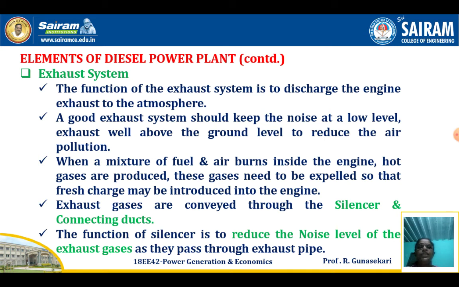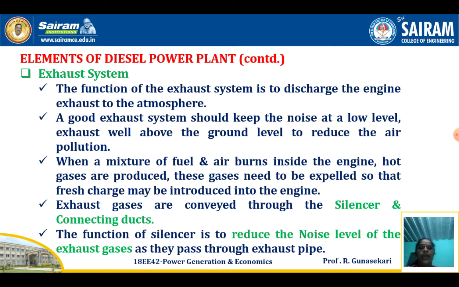Then exhaust system. The function of the exhaust system is to discharge the engine exhaust to the atmosphere. A good exhaust system should keep the noise at a low level. Exhaust should be well above the ground level to reduce air pollution. When a mixture of fuel and air burns inside the engine, hot gases are produced.